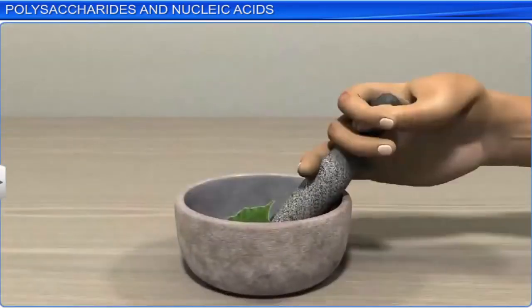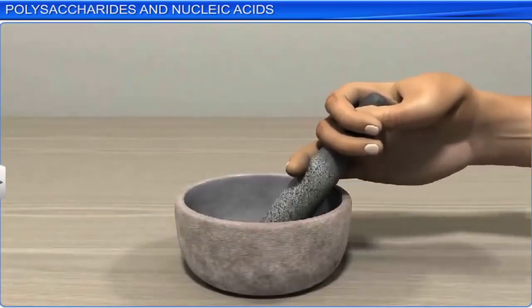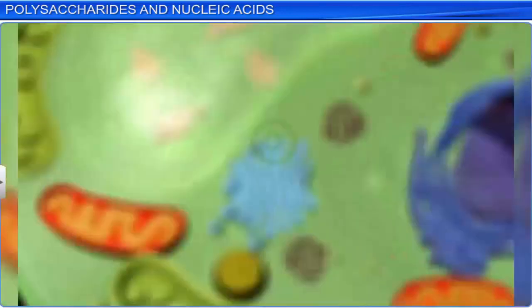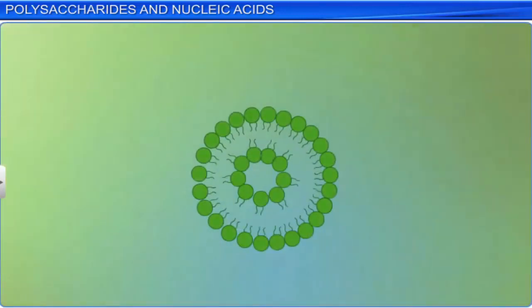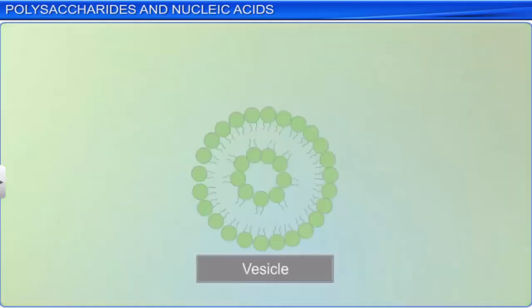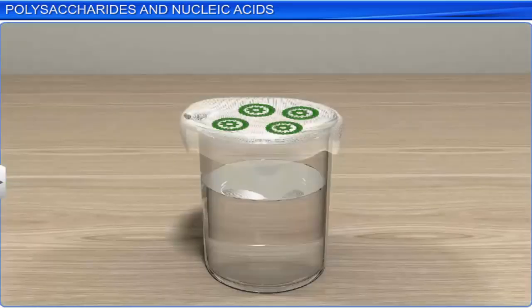During a chemical analysis, when we grind a tissue, the cell structure ruptures and various membranes break into pieces and form vesicles. These vesicles are not water-soluble because lipids are hydrophobic. So, they get separated along with the acid-insoluble pool.